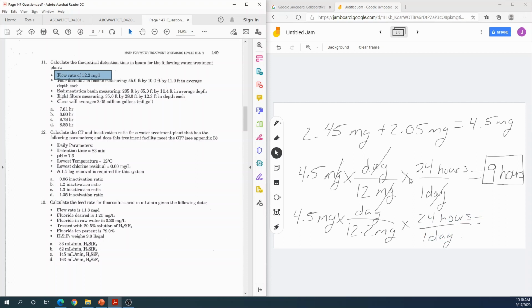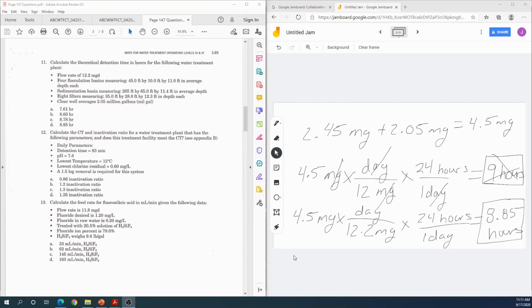And this is going to equal 8.85 hours. So this is a good example why you always write everything out, track your units, and then you can double check your answer, make sure that you're getting the correct answer here. So the answer is going to be D, 8.85 hours.